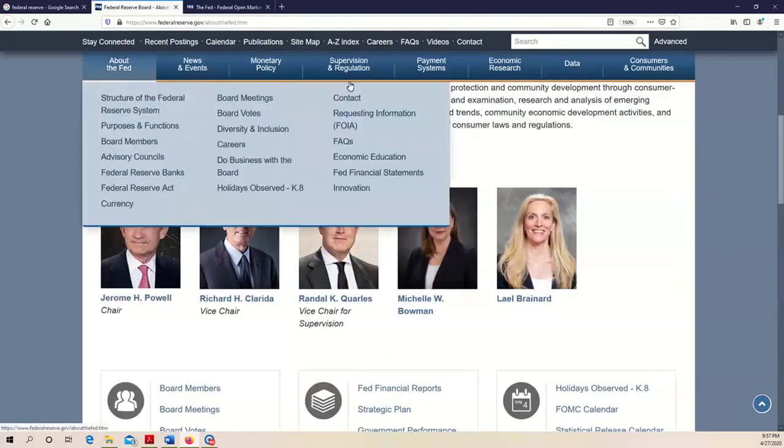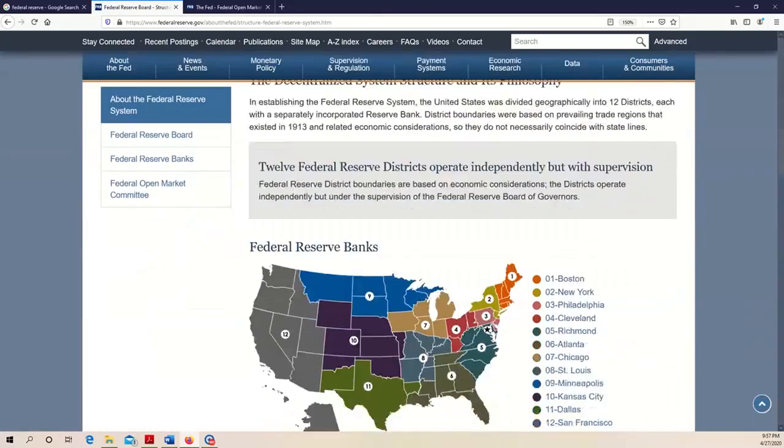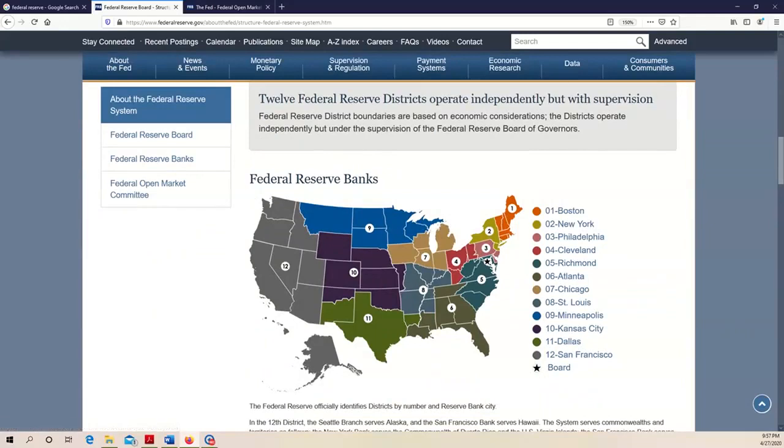But wait a minute. There are 12 regional banks. The head of each regional bank is called the president of that regional bank, for example, the president of the Federal Reserve Bank of Dallas. We only have 5 remaining seats. How do we allocate 5 remaining seats among 12 regional bank presidents? Here, that's why the New York Bank is more important.